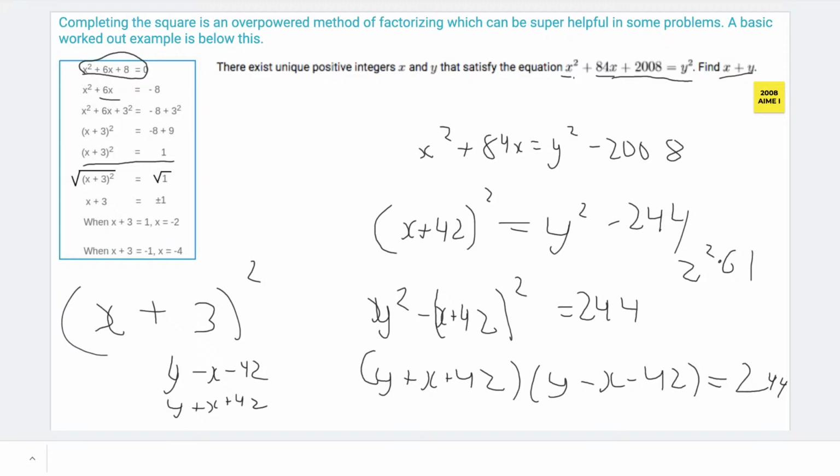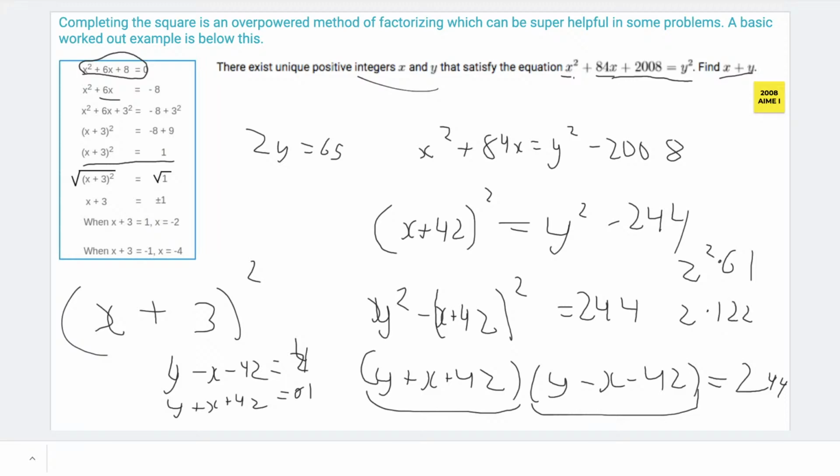Let's pretend this is equal to 4 and this equals 61. Then if you add these two up, the 42s cancel out, the x's cancel out. You get 2y equals 65. And if you divide by 2, it's not an integer. If you want to divide something by 2 to get an integer, it has to be an even number. That means these two terms have to be even numbers. And that will only work in the case of 2 times 122.